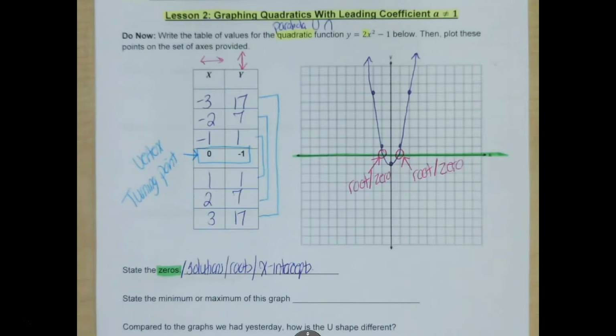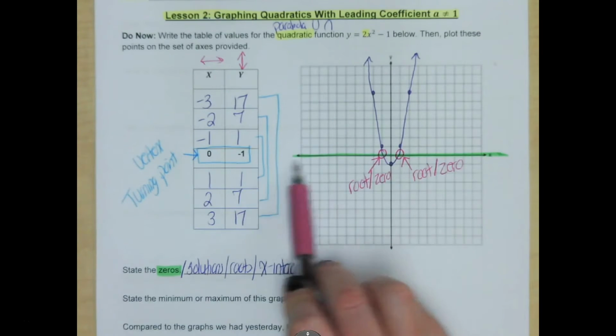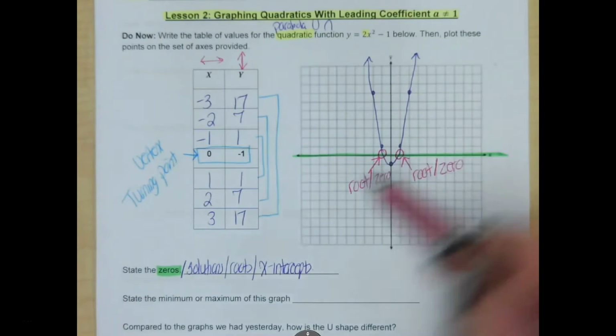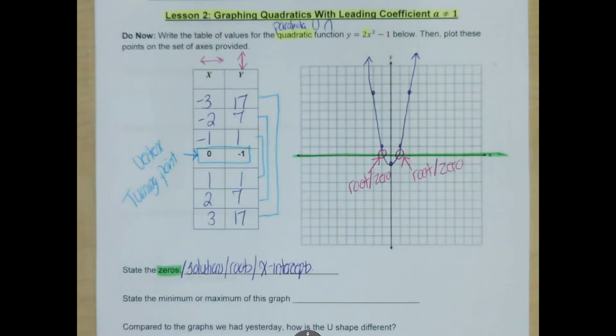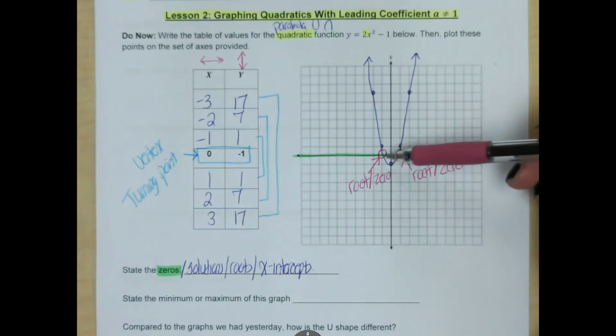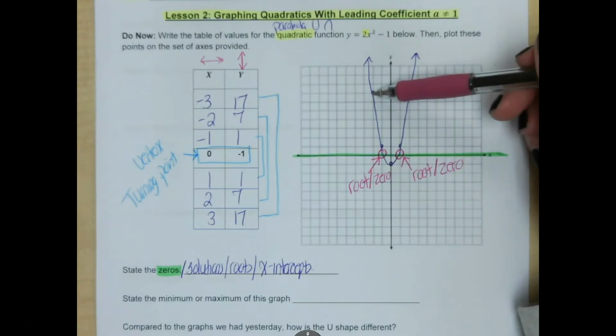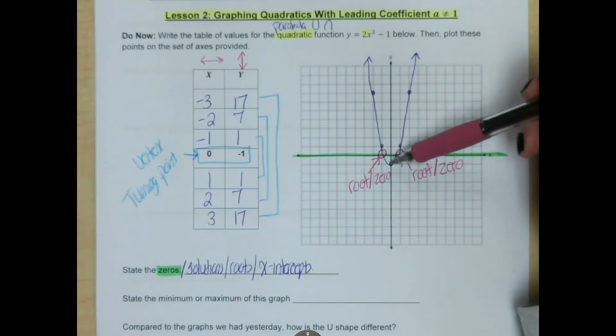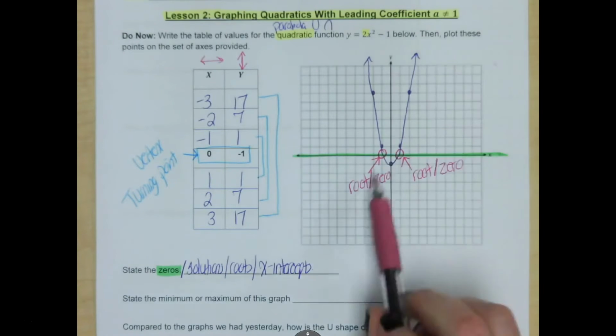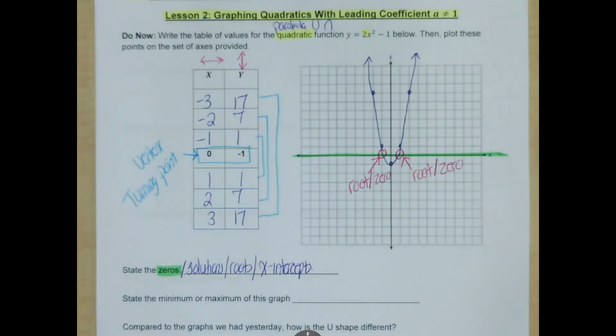But that's all of my roots, my zeros, my solutions, my x-intercepts. So I have 2 of them, but it's asking me to state what those zeros are going to be. Do you notice how they're not exact points? Like we plotted -2, 7, -1, 1, 0, -1. Are you with me? But we never plotted these exact points, and that's okay. I'm just going to eyeball it here, okay?